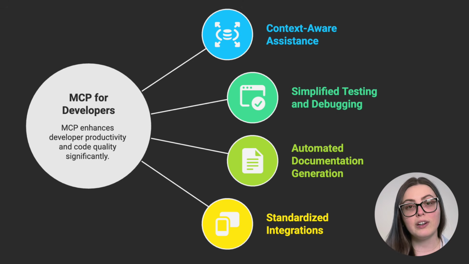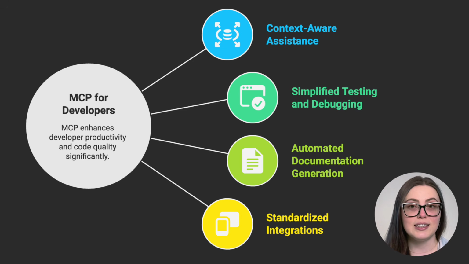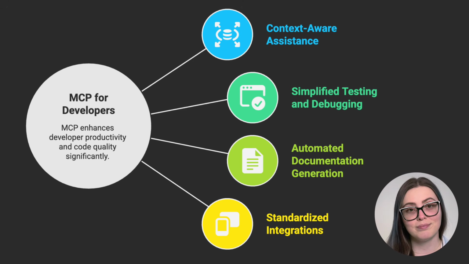With MCP, we're able to automatically generate detailed documentation from our code, comments, commit history, and live application state, keeping documentation accurate and synchronized. MCP also standardizes integrations, enabling connections with GitHub, databases, testing frameworks, and deployment pipelines through one unified protocol that helps with development and maintenance tasks.